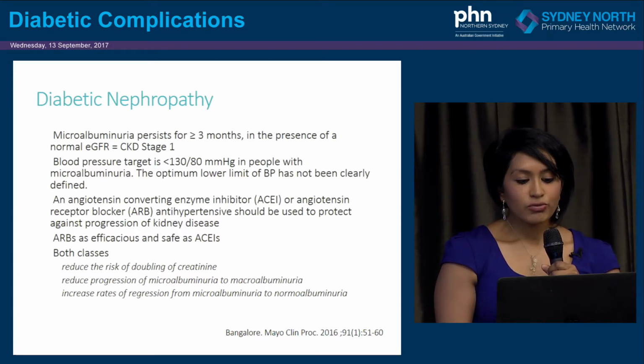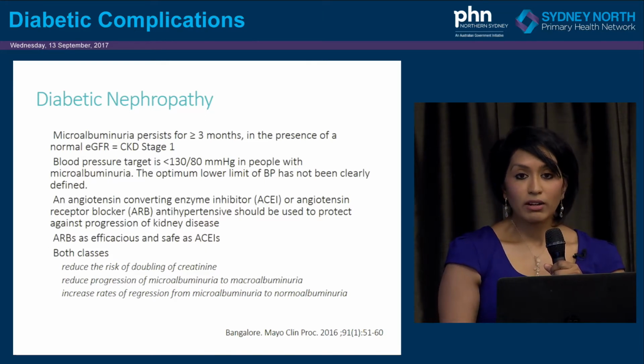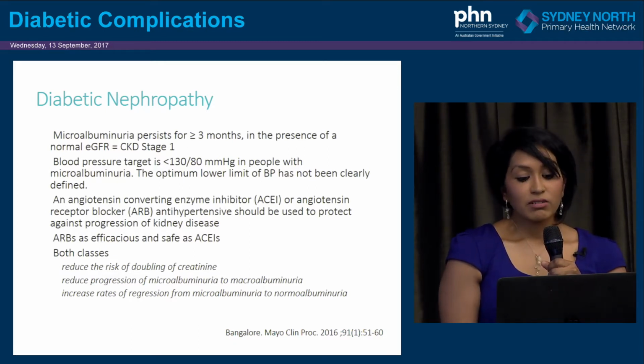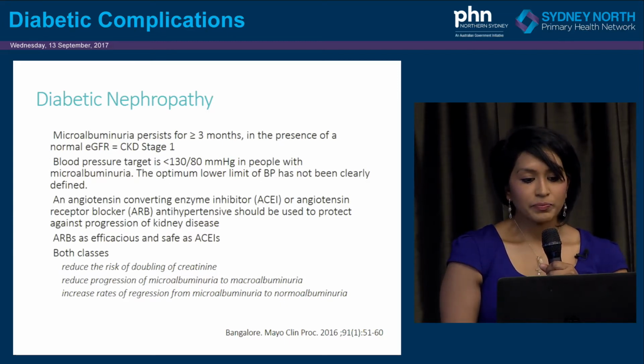So both classes do reduce the risk of doubling of creatinine, reduce progression of micro to macroalbuminuria, and increase the rates of regression from microalbuminuria to normoalbuminuria. So you can tell the patient that if we optimize your blood pressure, this protein in your urine might disappear, and it can remain that way if they remain on their ACE inhibitor or ARB.